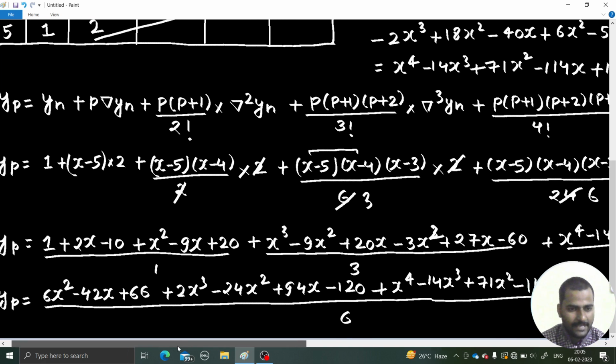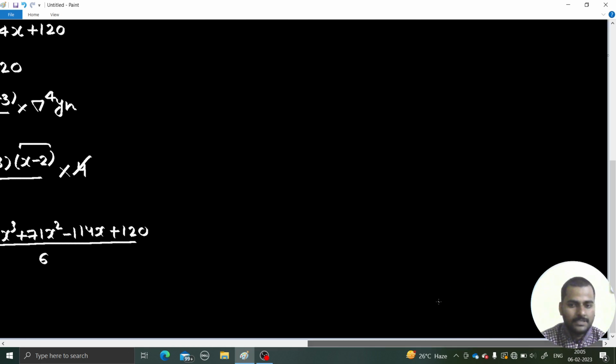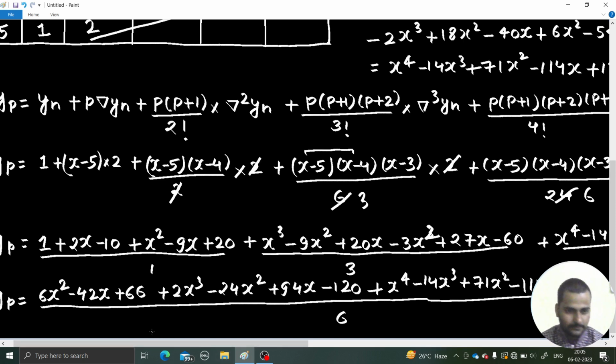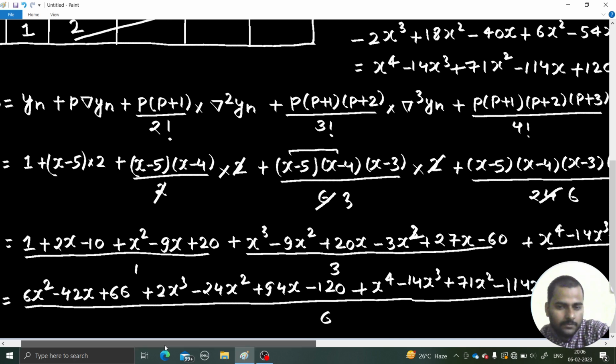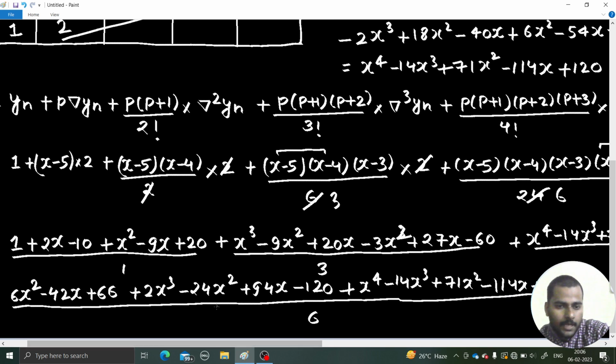Let's simplify it and write what is the final expression. So yp will be x power 4 is alone. Then coming to x cube, so I have 2x cube and minus 14x cube, so minus 12x cube.